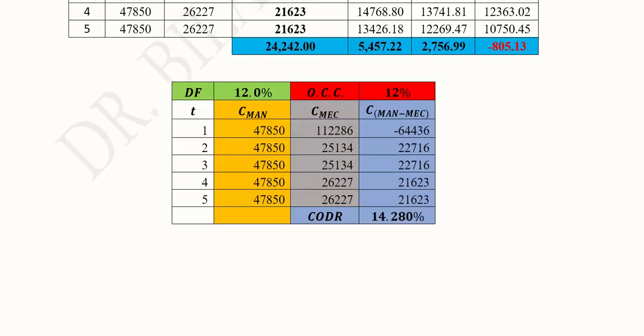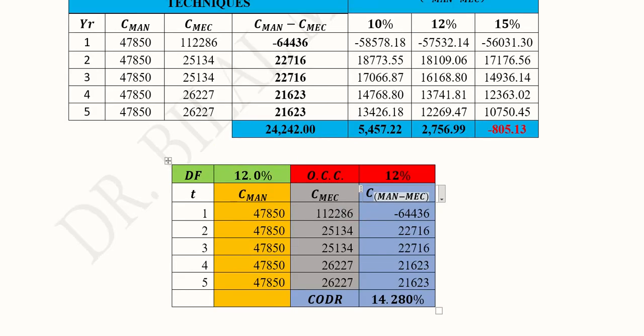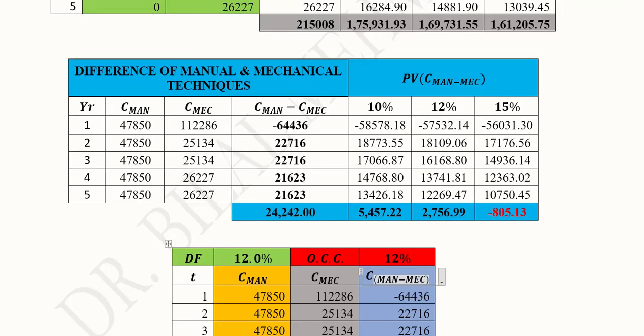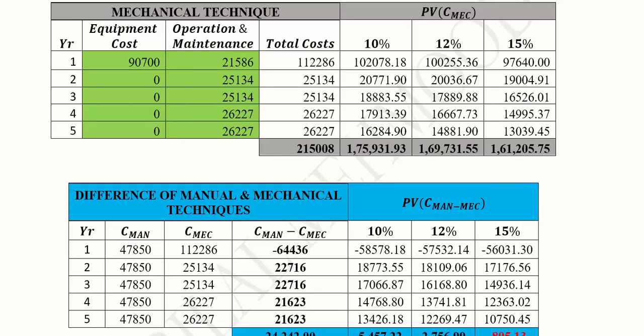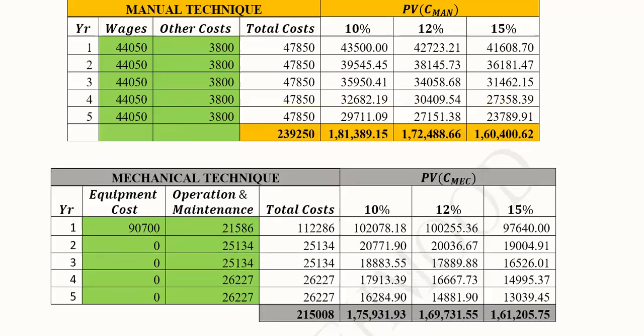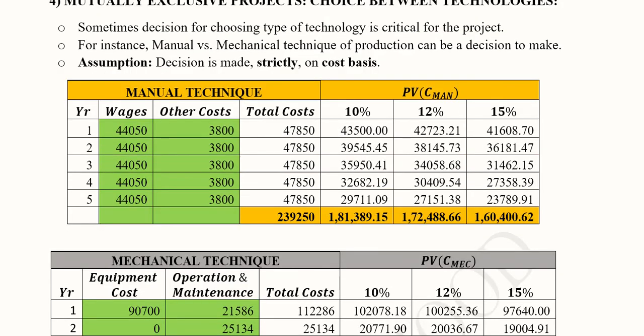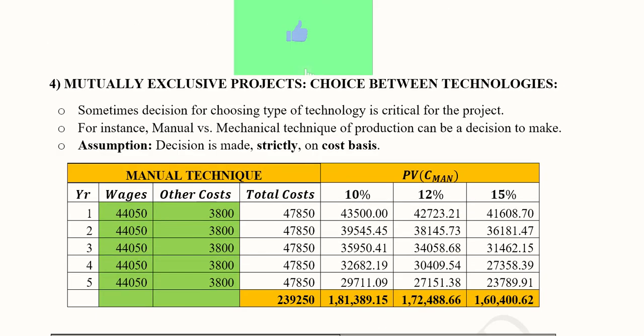And then we had the basis of the crossover discount rate, which is the difference of the costs of the manual and mechanical. This was the mechanical technique, the difference stream, and this was the stream of mechanical technique, the stream of the manual technique. So this was the mutually exclusive project selection when it comes to the choice between two different technologies.